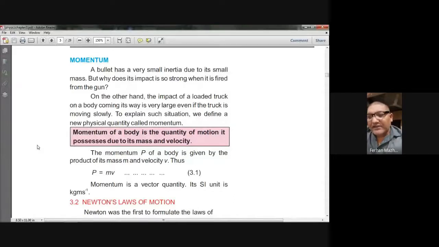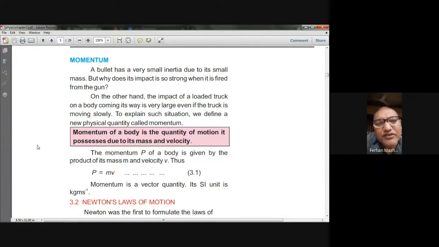So its momentum will be, okay, forget the momentum. Suppose that the cycle is coming at a speed of 10 towards you. And then in another scenario, a train engine, a locomotive, is coming towards you.